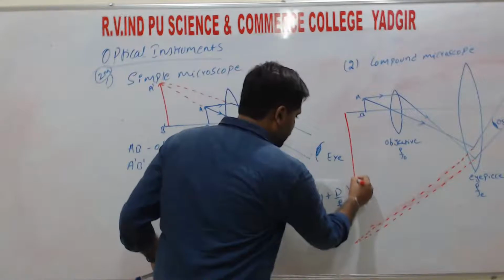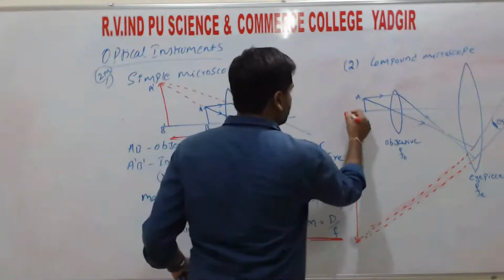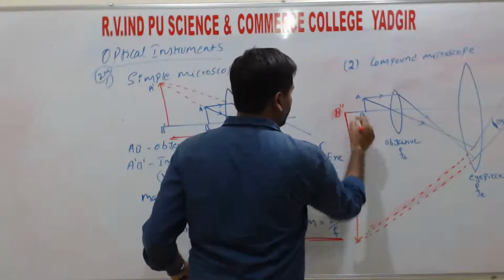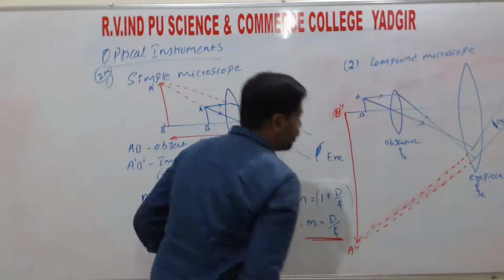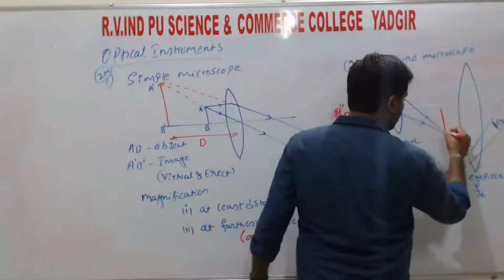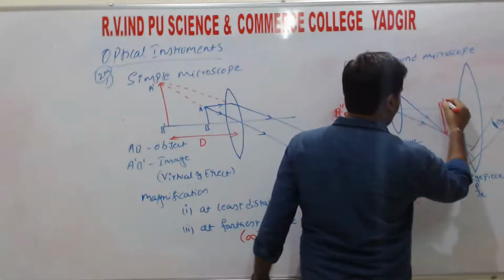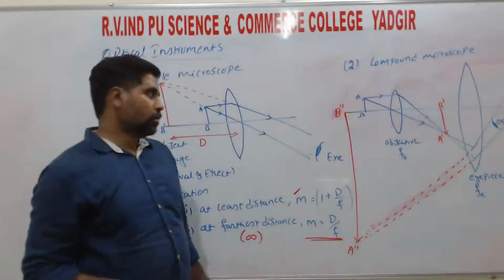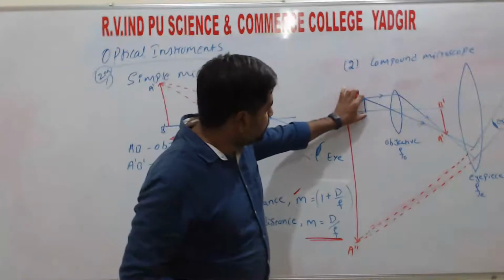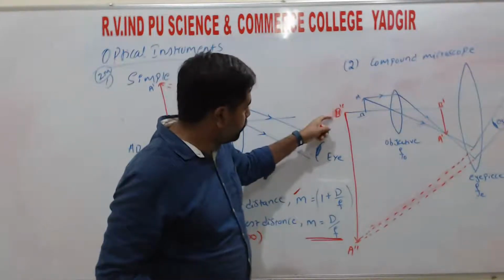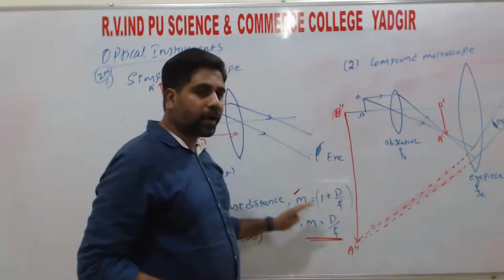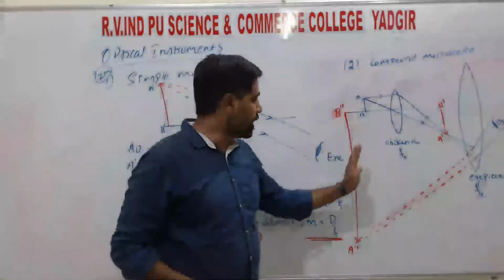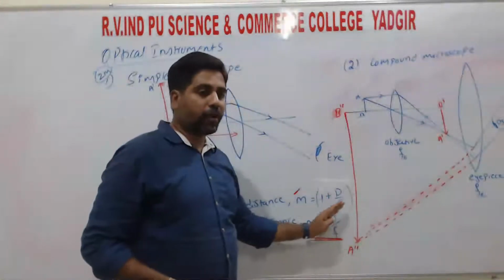So here we get the image, that is B double dash A double dash. So here also we get one image, that is B dash A dash, right? So if we compare, the object size AB is very small. So if you observe the image size, that's why we are replacing the simple microscope with the compound microscope, to get the maximum magnifying power.